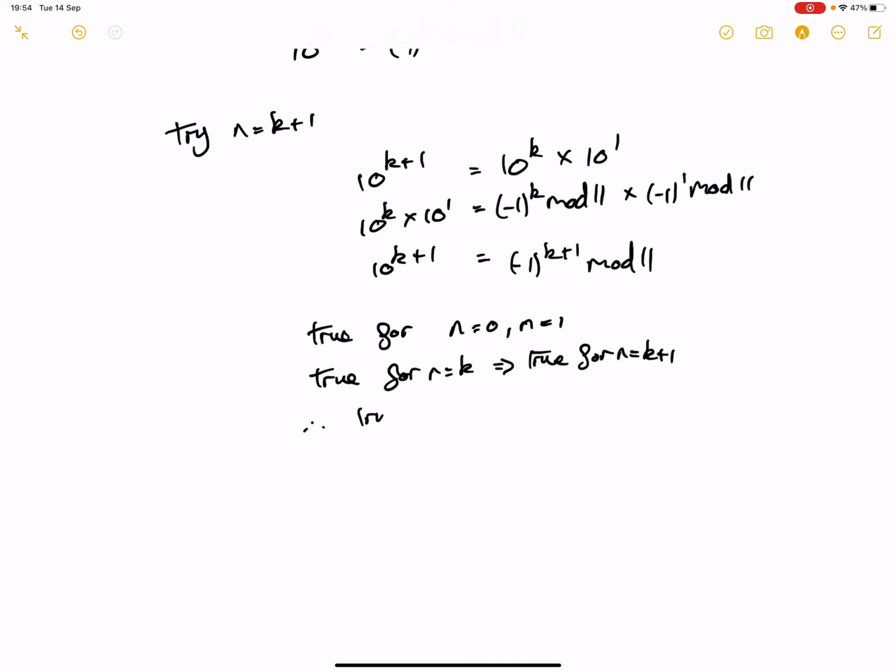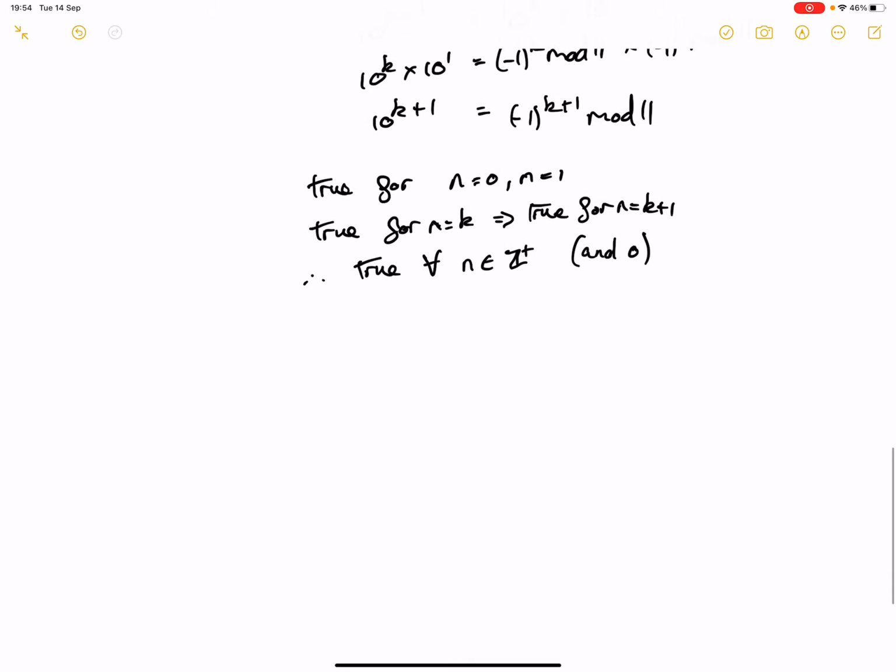Therefore, true for all, there's our symbol, for all n belonging to the, I'm going to say positive integers, because I haven't said anything but positive integers, and 0. So maybe plus 0? Is 0 a positive integer? I think, no, it's not. So I'm just going to say and 0.